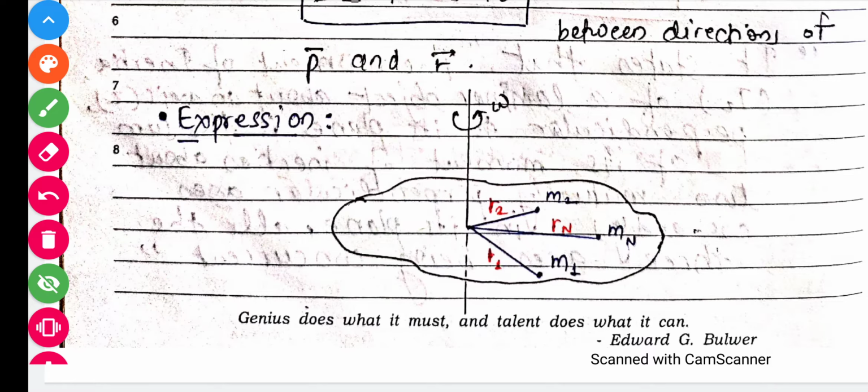So the m's are masses, the r's are the position vectors, or distances of these particles from the axis of rotation, and this is the sense of rotation with constant angular speed.